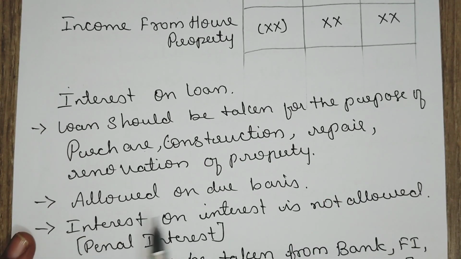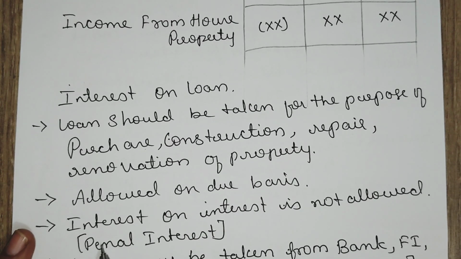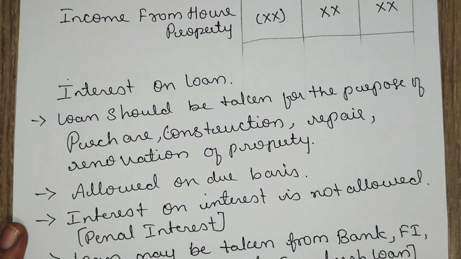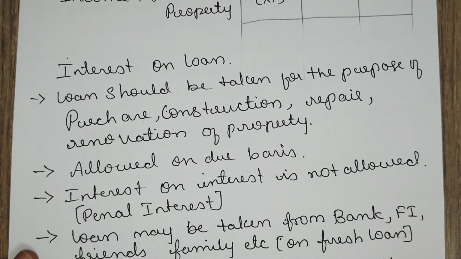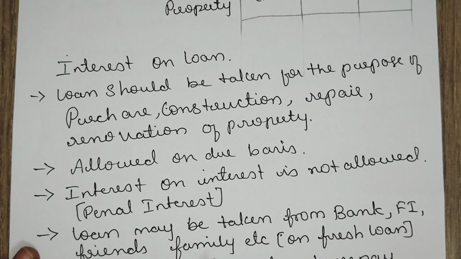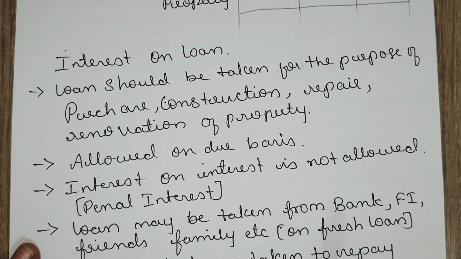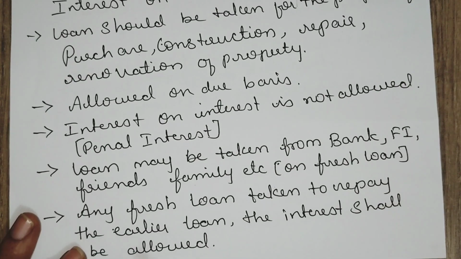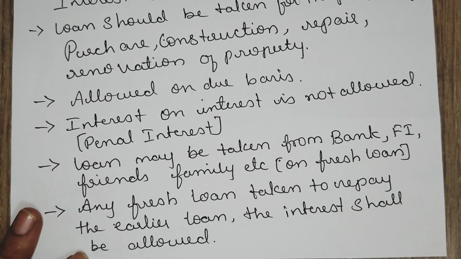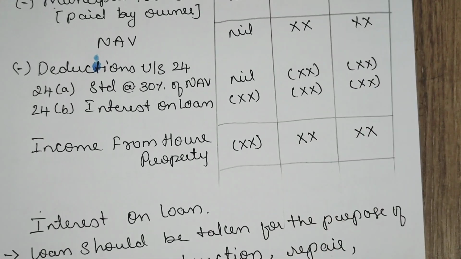Then, it is allowed on due basis. Interest on interest is not allowed. That is, penal interest will not be allowed. Only interest is allowed. The loan may be taken from a bank, financial institution, friends, family, etc. On a fresh loan, any fresh loan taken to repay the earlier loan, the interest shall be allowed, because it is taken for the construction purpose only.